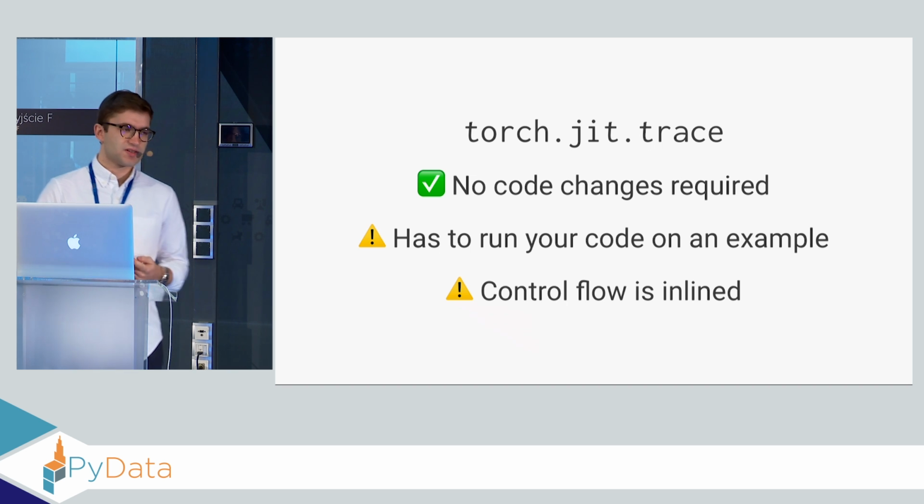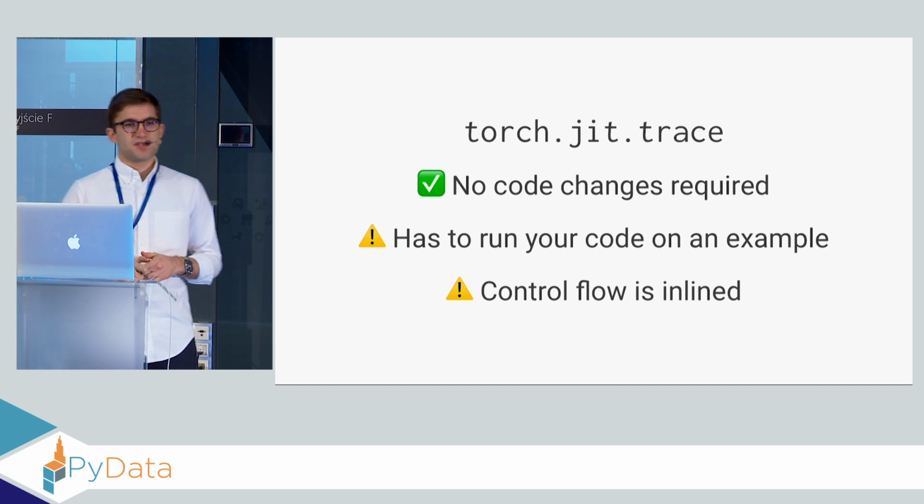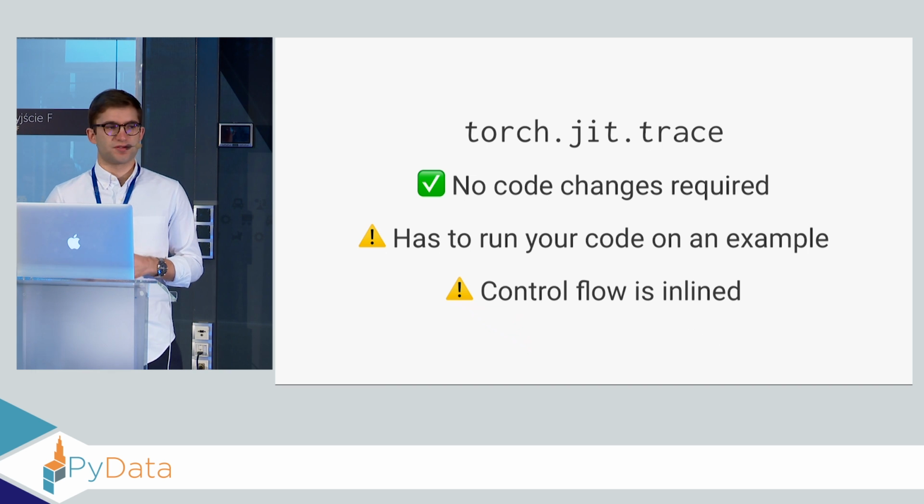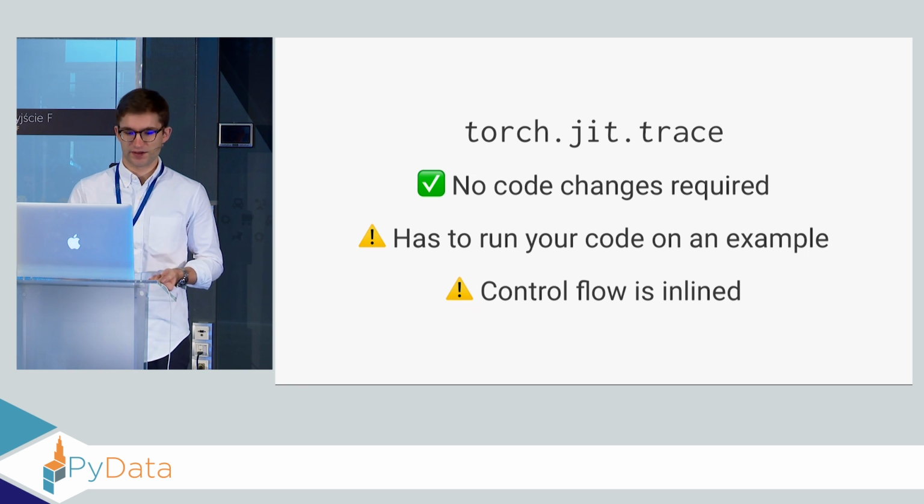The downsides are, first, basically how tracing works is you give us your function and you give us an example input. We'll run this function once and we'll see exactly what PyTorch operations you do on the arrays, and we'll assemble a list of instructions that will be able to replay this single execution of the function that we recorded.